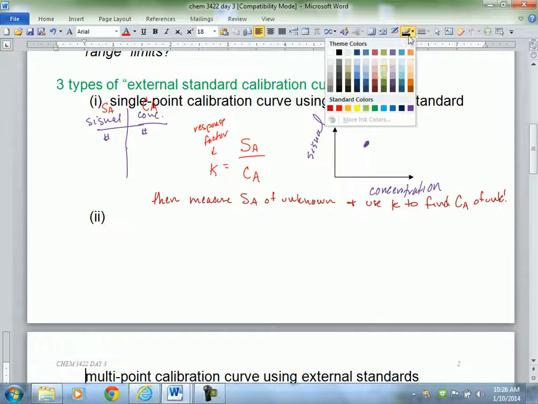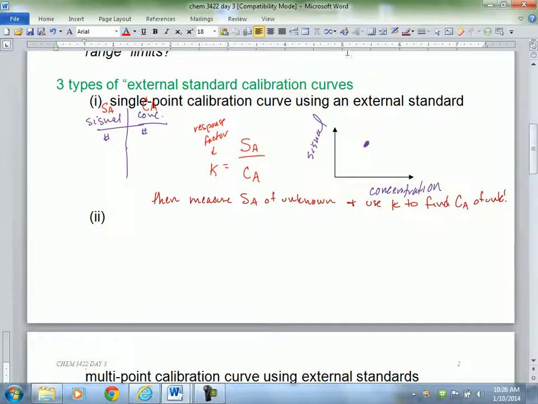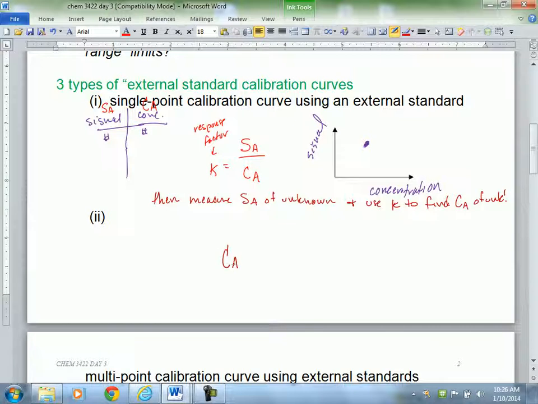That makes sense? Because concentration would be what? S_A over K. And you already found K. That's from up here. And your signal, that's the signal for your unknown. So you just divide the two and you'll have your answer. It's a rough estimate.